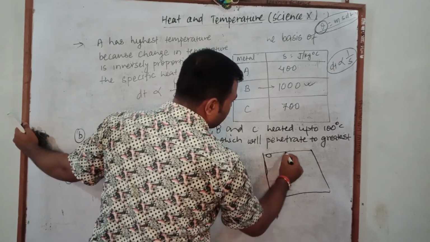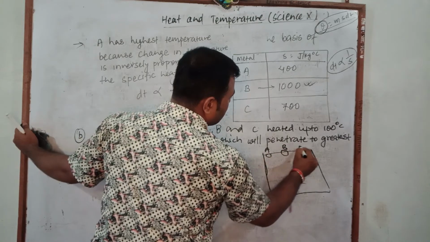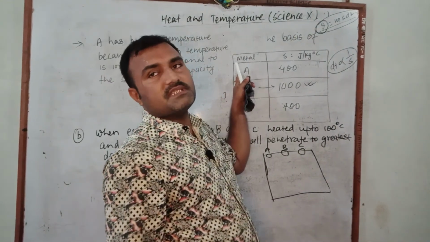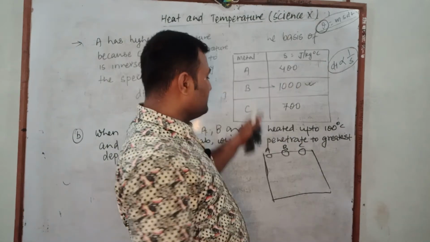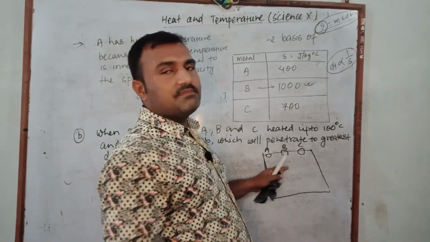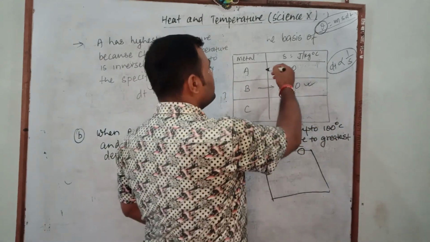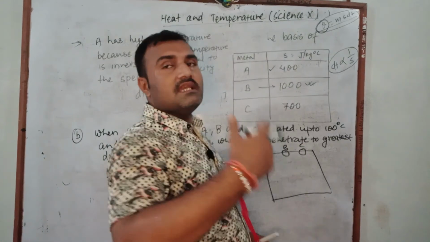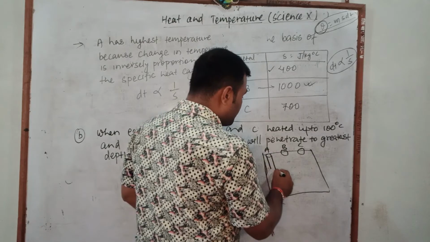Here A, B and C. These three materials are kept on wax slab. A having least specific heat capacity. Therefore, when these three are kept on wax slab, then they get cooled down by releasing heat energy. And it has less specific heat capacity, having less heat energy. Therefore, it will penetrate to a certain depth.